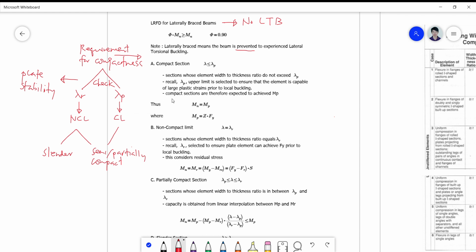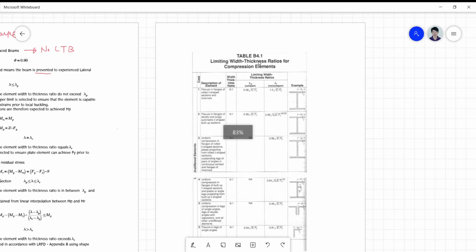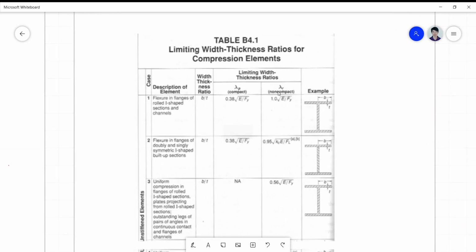Okay, so where do we get this lambda p and lambda r? To start with, we need the same table that we use for columns. So this is now Table B4.1. If you still remember this lambda r, upon which we define our local buckling limits in columns, it's just the same.